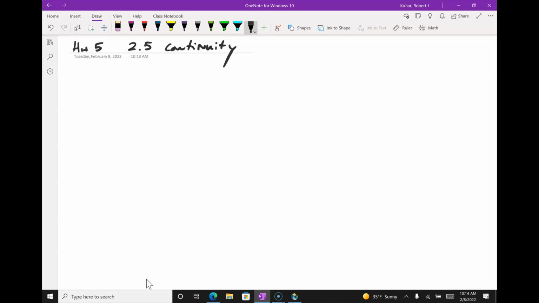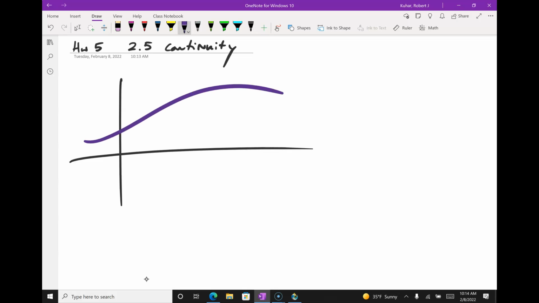So continuity is pretty obvious, right? What do you think? What do you think about it? Pretty obvious that this is continuous.